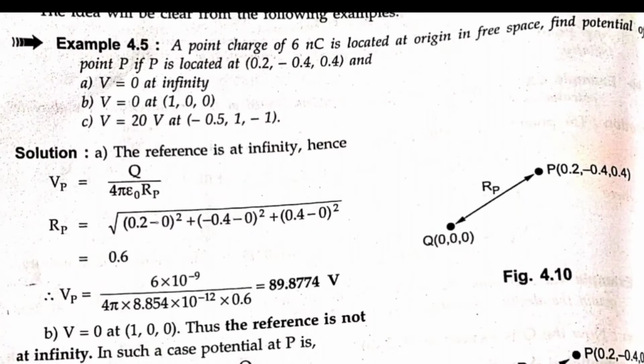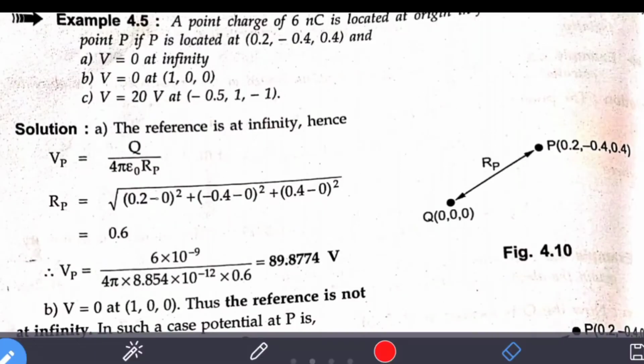The reference is infinity, hence absolute potential will come into the picture. A point charge of 6 nanocoulomb is located at (0, 0, 0), and point P is located at (0.2, -0.4, 0.4). Okay, this is the given.